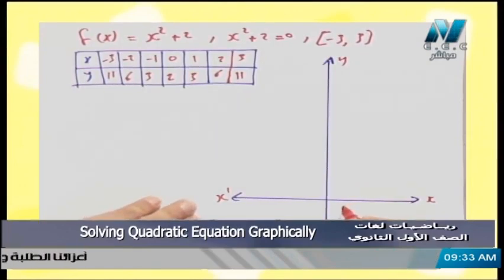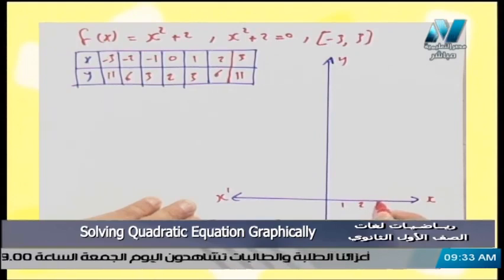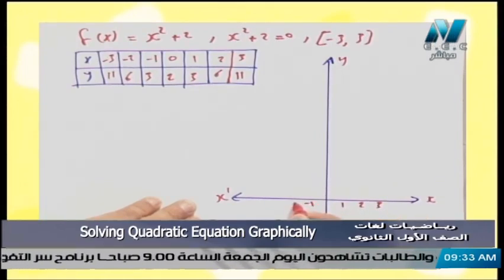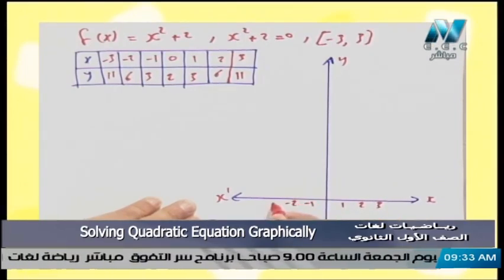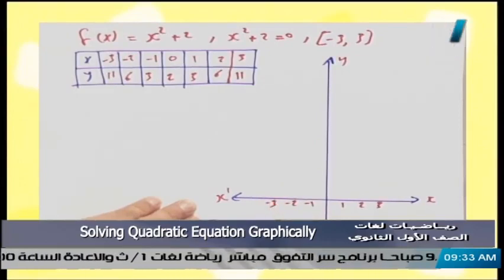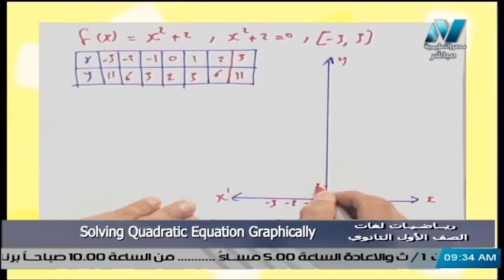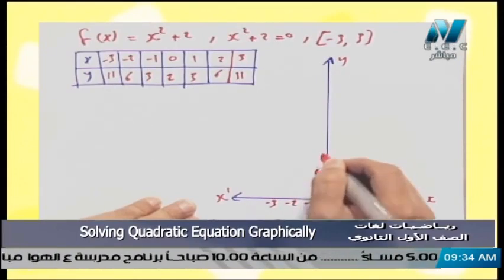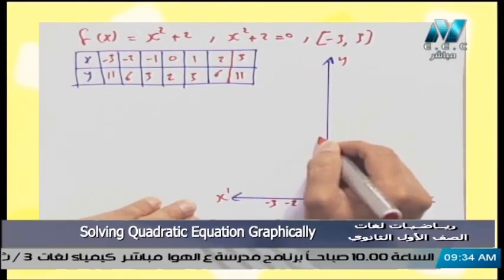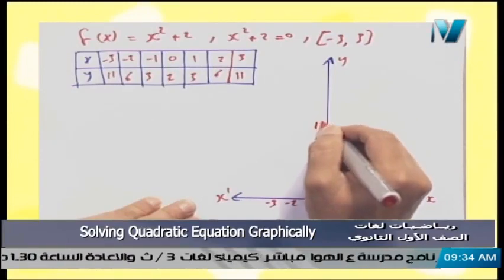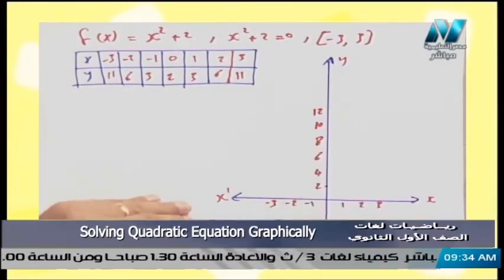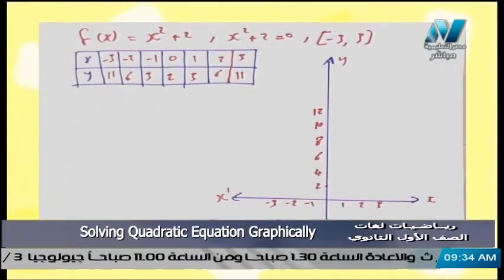Here the numbers of x will be 1, 2, 3, -1, -2, -3, and here we can say 2, 4, 6, 8, 10, 12, and we will draw the points.